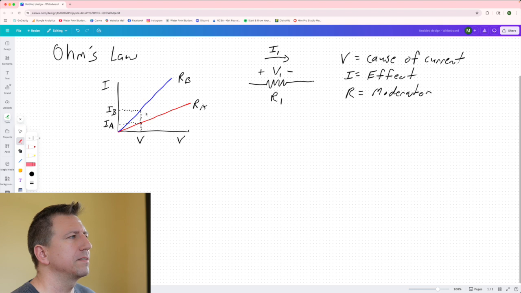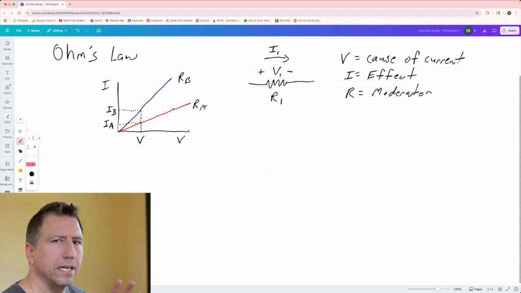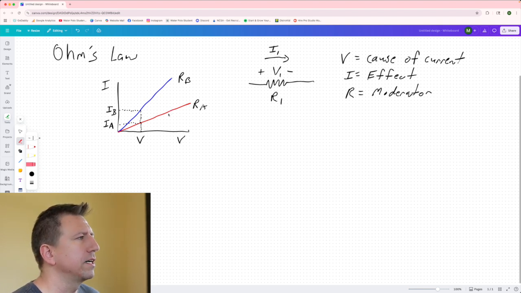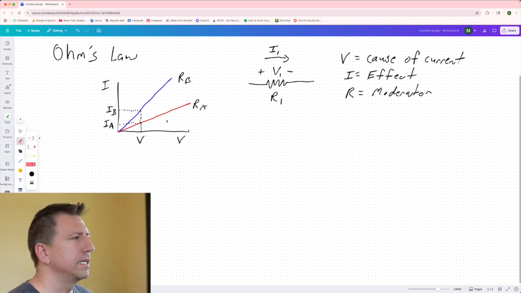We have a slope value here that is directly related to how the current flows based on a voltage applied to that element. And the slope actually is not a resistance value, it's what we call a conductance value. It tells us how easy things flow. And as you can see, as the slope increases here, the resistance decreases.